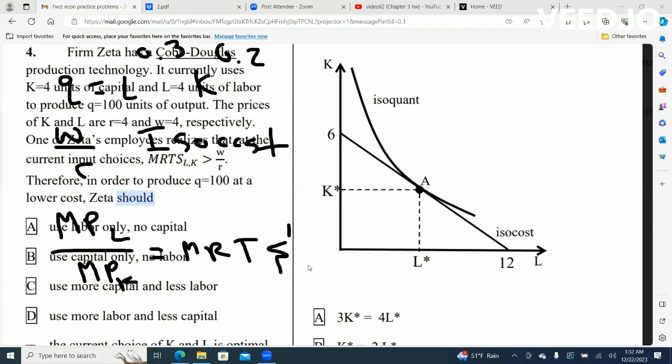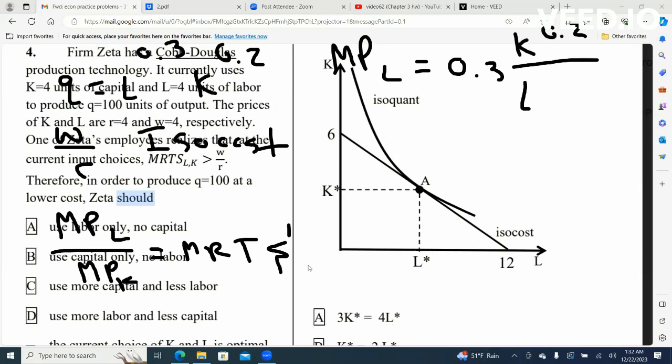Okay, so take the derivative with respect to L. Take the derivative with respect to K.